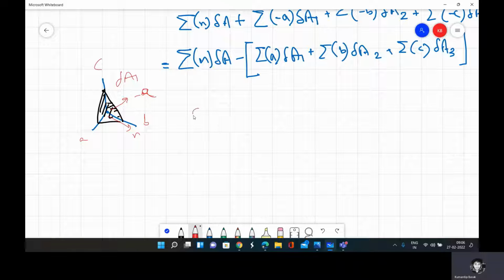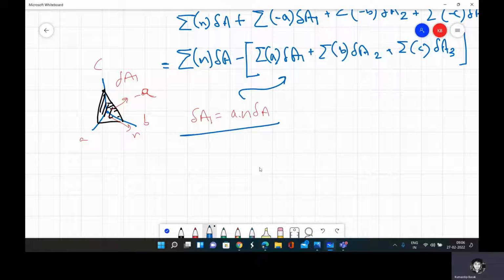So what can we write? Delta A1, from the dot product rule, from the projection rule, is A dot n into delta A. What will it give? When you do A dot n, it will give the projection component, that is some cos theta component, and delta A is that above triangular area. Apply that cos theta, and we simply get the projection, that is delta A1. Now apply this in every expression.